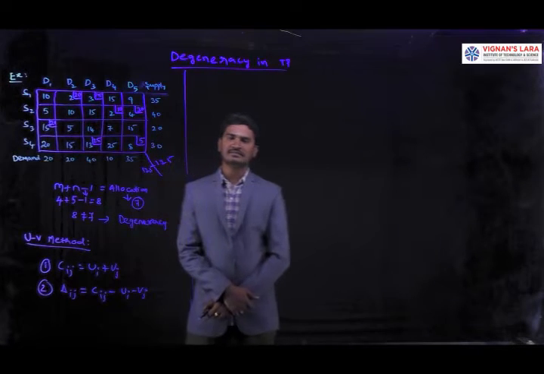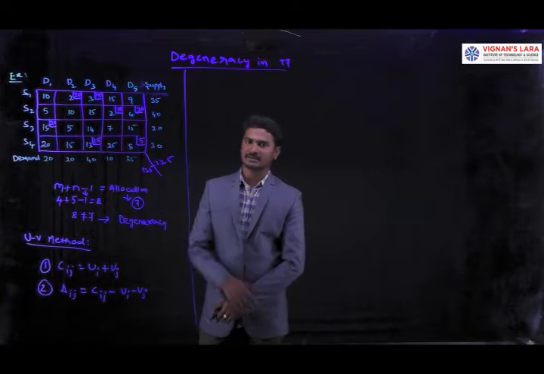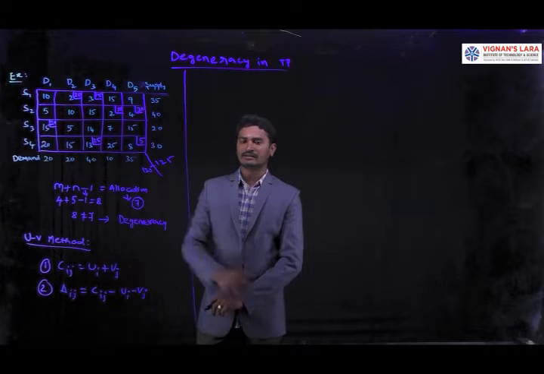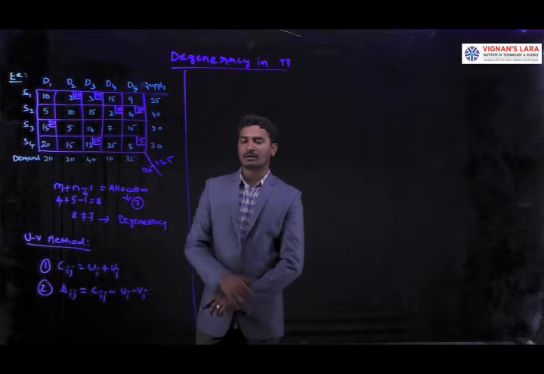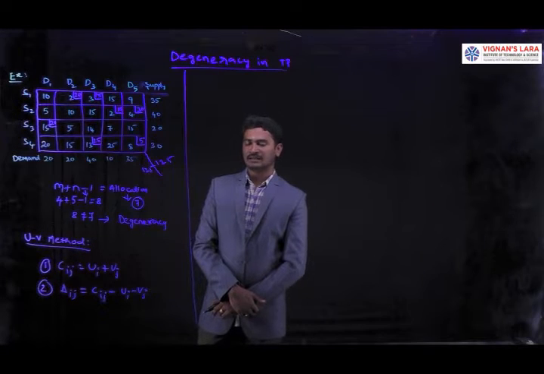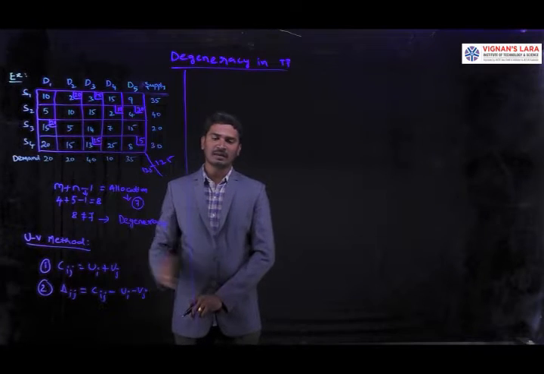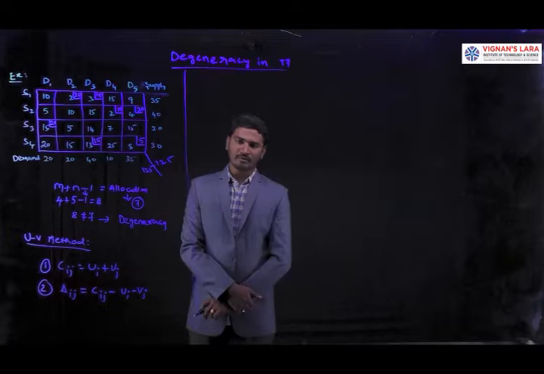If it is a degeneracy, we have to resolve the degeneracy first. Here in our case we have degeneracy, so we don't go for this calculation directly without resolving the degeneracy. We have to resolve the degeneracy first, and only then go for optimization with the UV method.